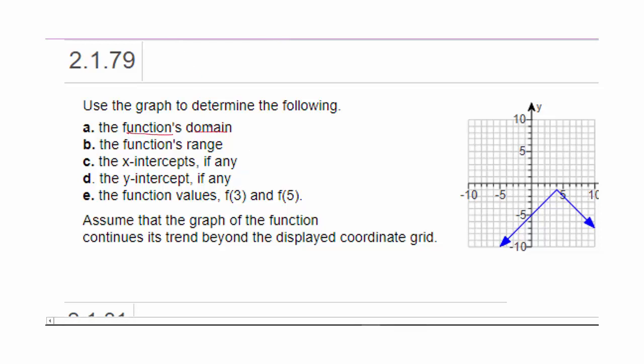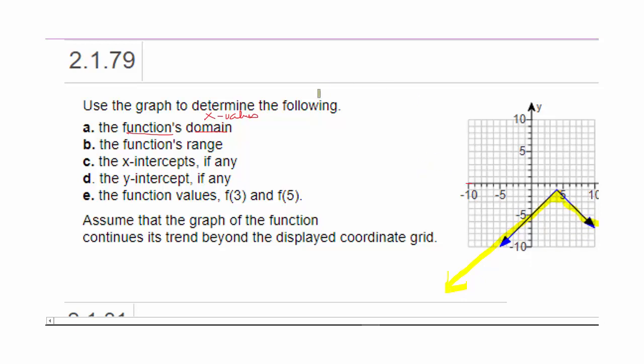When we talk about domain, we're talking about the x values that the function has in its set of ordered pairs. But we're not given the set of ordered pairs or the equation, we're given a graph. So we have to determine wall to wall what x values this is going to hit. Now keep in mind the arrow is indicating it's going to continue, right?